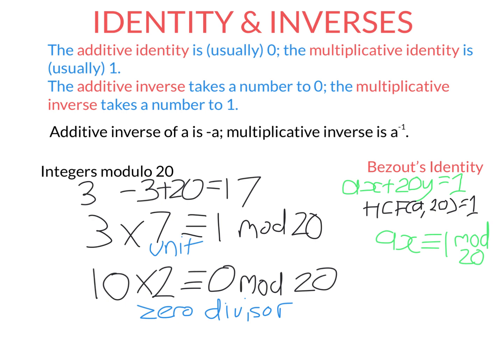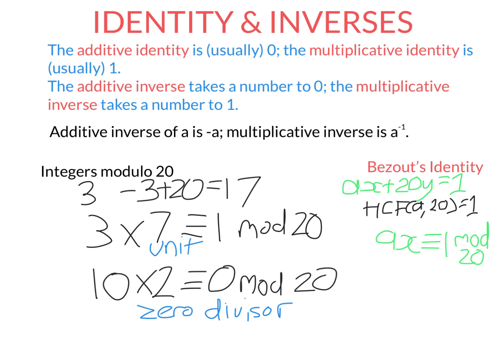We could use that logic for modulo any number. The idea here is you can multiply an integer by something to get the multiplicative identity if and only if these two numbers are co-prime. So a number x modulo n will have a multiplicative inverse if and only if x and n are co-prime.